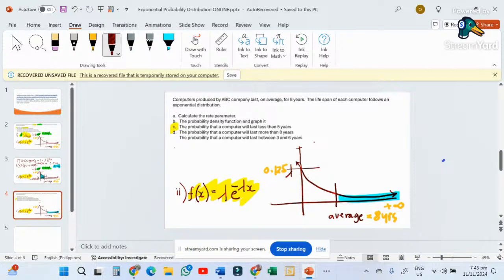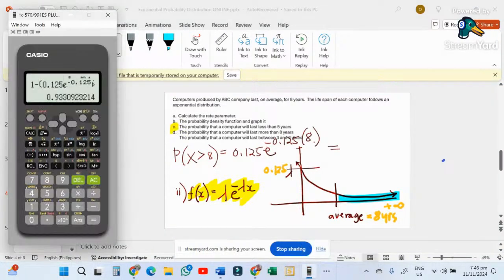So the probability for x to be greater than 8 will be a lambda of 0.125 and e to the negative 0.125 and an x of 8. When it's less than, then you have to use 1 minus. When it's greater than, then it will just be the formula directly.